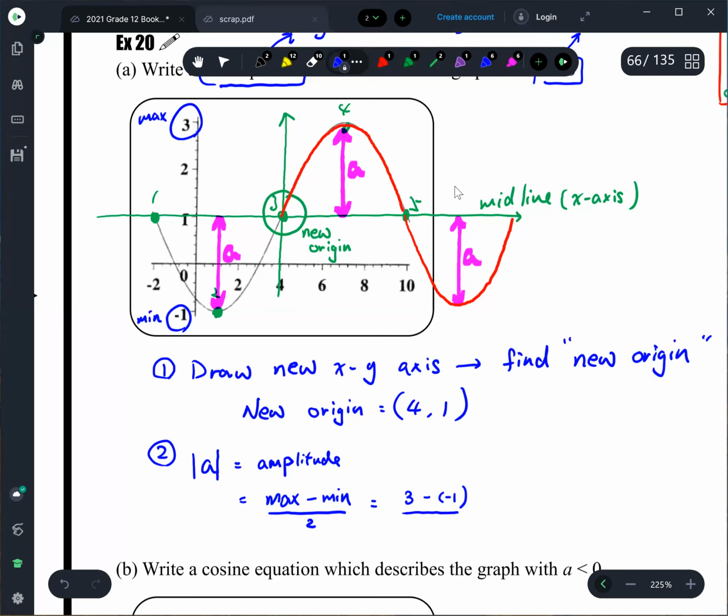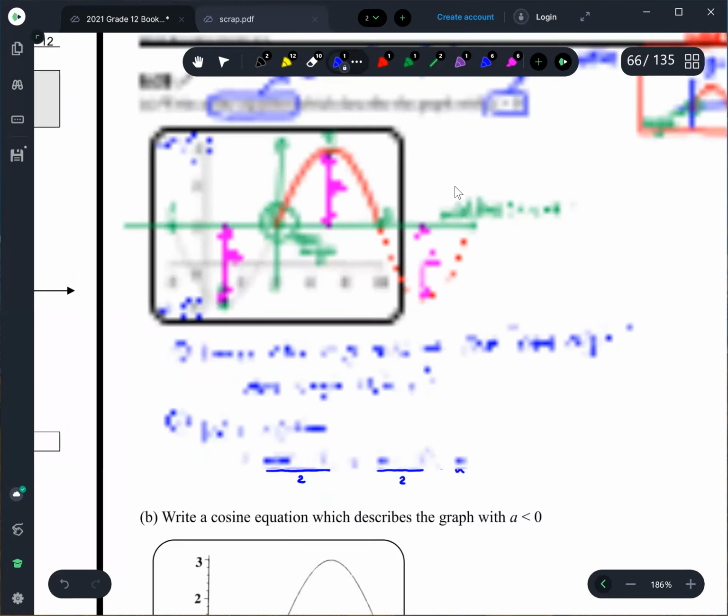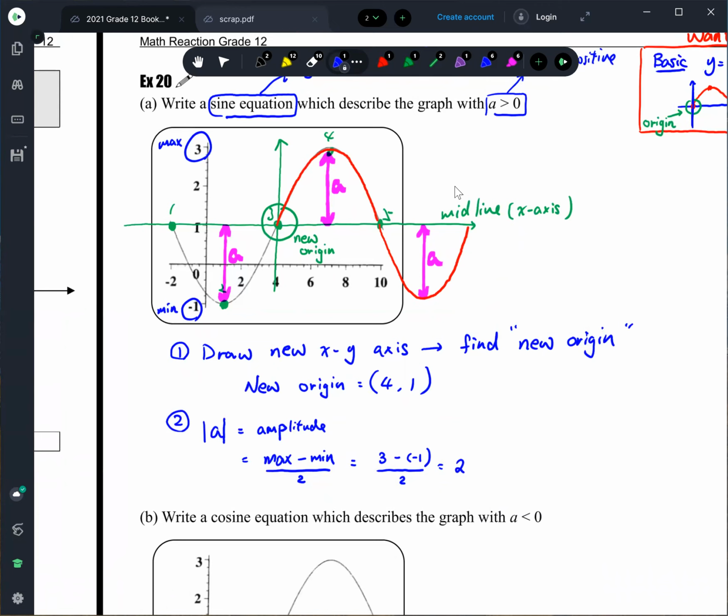And then you divide it by 2 because you want half of it. 3 minus -1 is 4. So the distance from highest to lowest is 4, and you cut in half. So that gives you 2. So that's also a different way to find the A. Okay, so far so good.